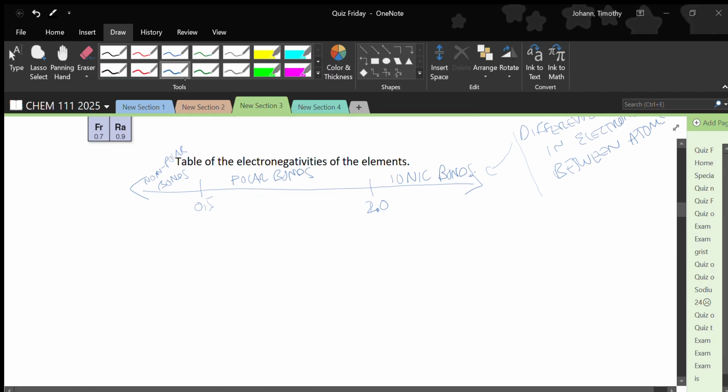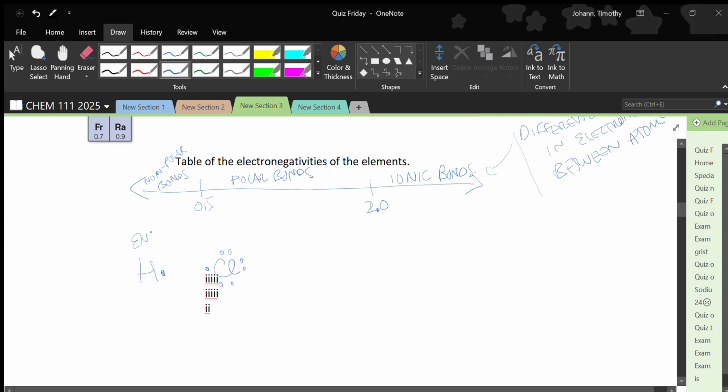So if I took, I'm going to do my Lewis atom dot structures. Here's a place that's useful. If I had a chlorine come up with a hydrogen, let's look at the difference in the electronegativities.